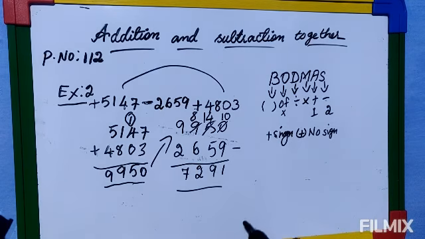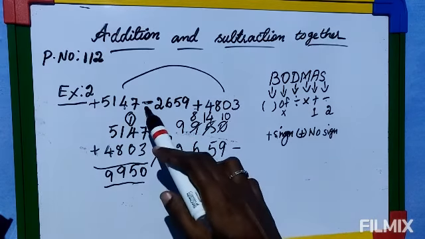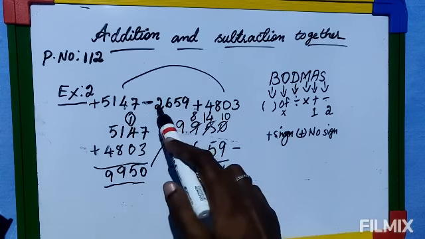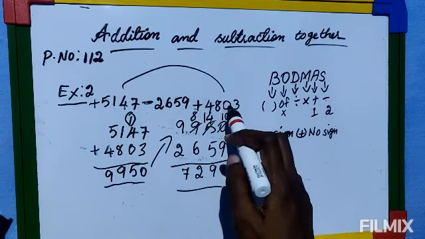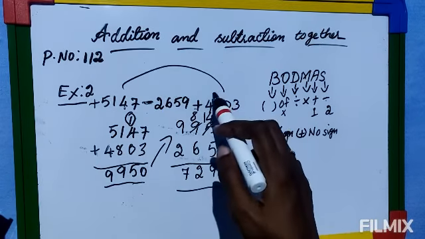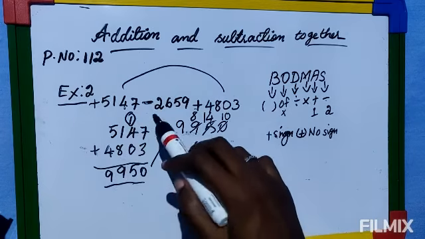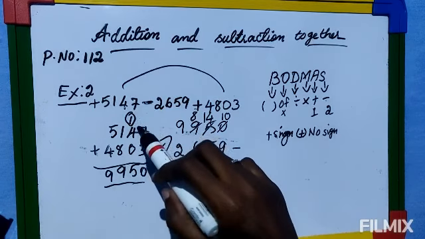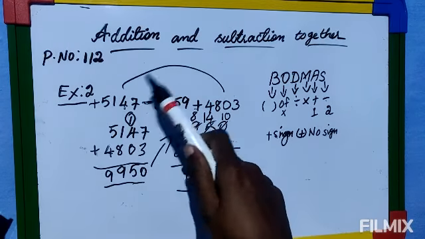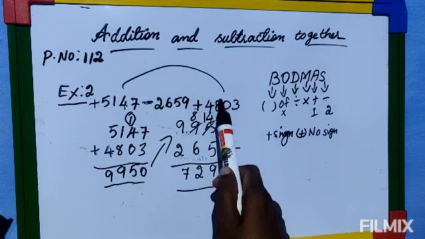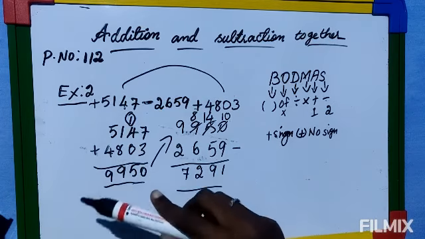So remember, even in the first one plus was coming here, so first 2 you will add. From that answer you will minus the one which was given the minus, that third number. Now here in the second example, first number and the third number you add, and with that answer you minus the second number.